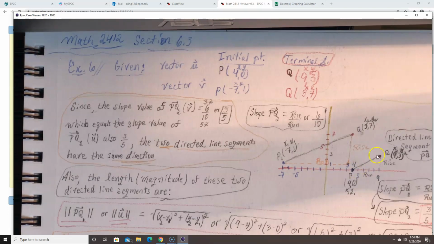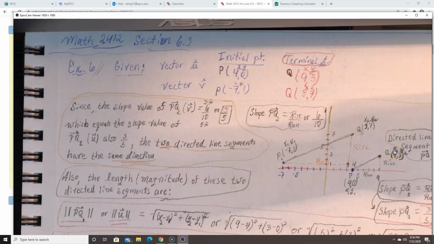So to find the length or the magnitude of this directed line segment, the distance between these 2 points, the length or magnitude of this vector, which we can call vector PQ, directed line segment PQ, or vector u, that's what they're calling it, we just use the distance formula. I'm going to call this one the terminal point (9, 3).